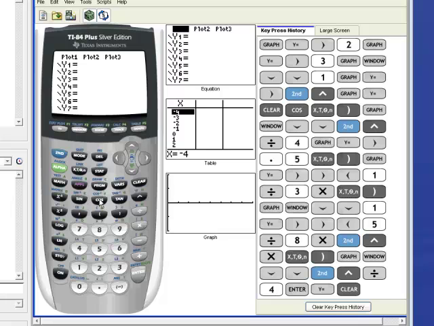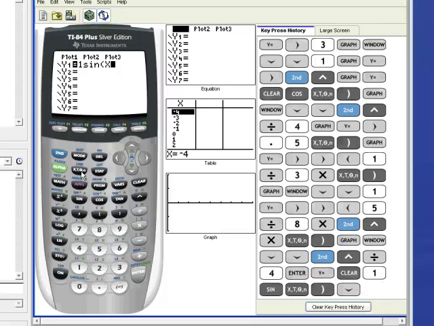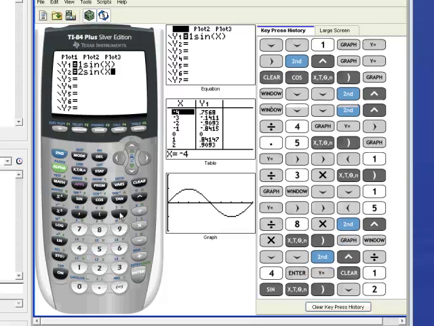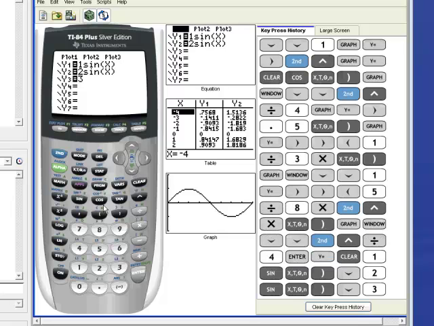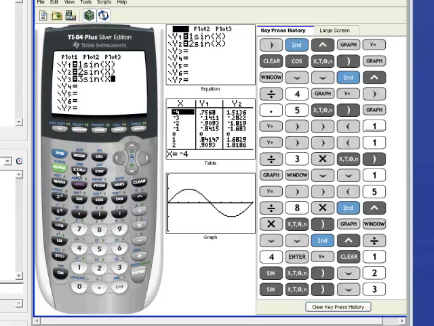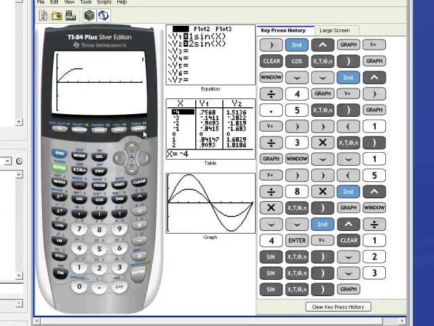So here we have 1 times sine x, and then we have 2 times sine x, and then 3 times sine x, and when we graph them all at once, it's going to look like this, except I think my window setting is a little bit too small.